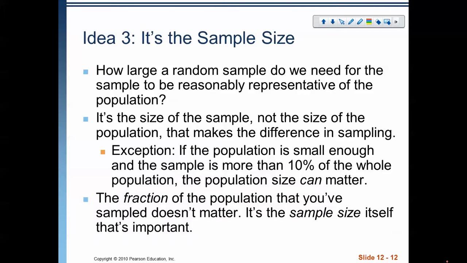AP questions tend to be very concise, so what you read in the book last night will not be the kind of thing that you see on the AP test, right? On the AP test, they'll ask you what kind of sampling was being employed here, and they'll have a very concise description of what's going on. The ones in the book, they want you to analyze and think a lot, and so they tend to be a bit more vague.